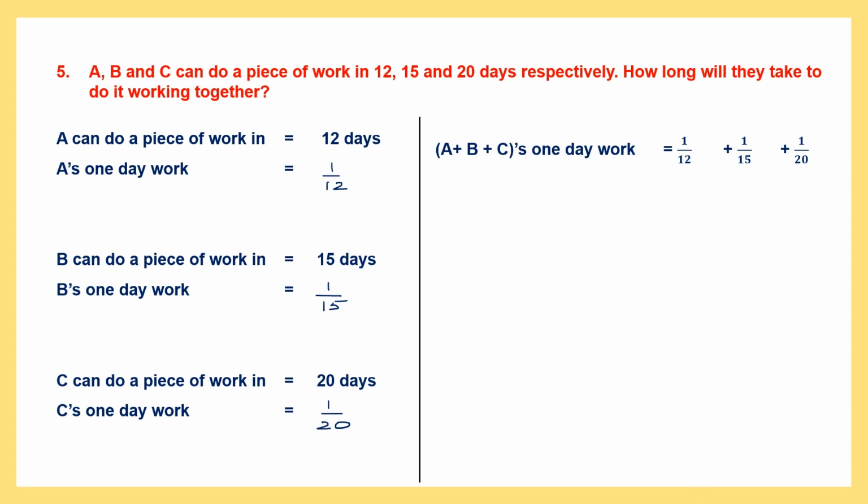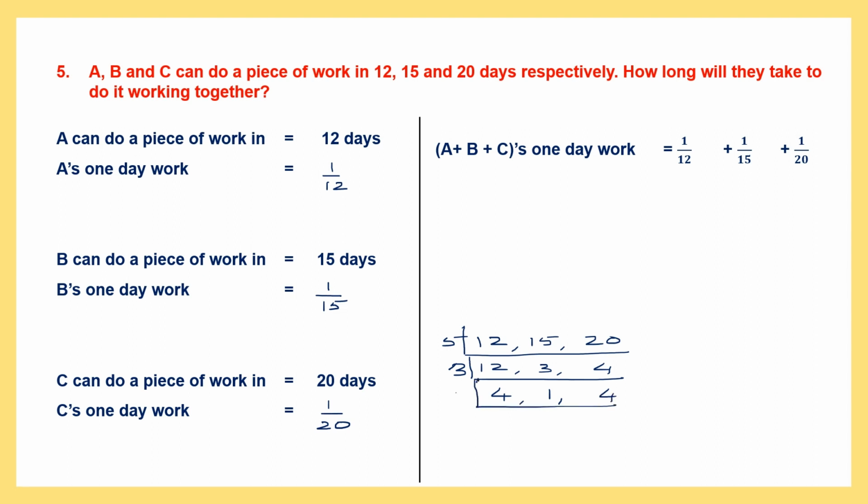Now let's find the LCM of the denominators 12, 15 and 20 because this is addition of fractions. Let's begin with 5. 12, 5 threes are 15, 5 fours are 20. Then let's go to 3. 3 fours are 12, 3 ones are 3 and you bring down 4.